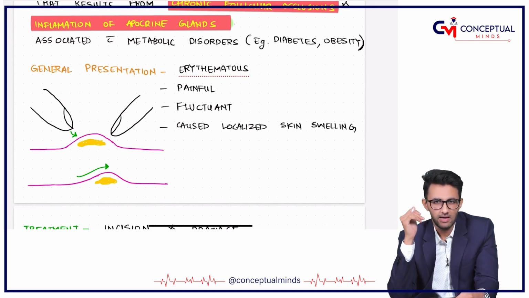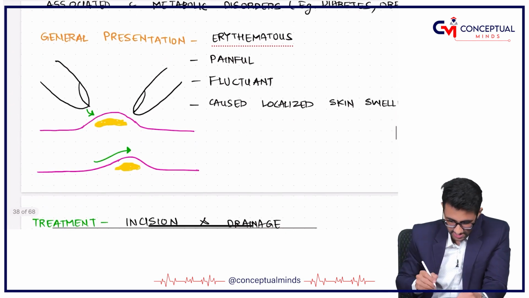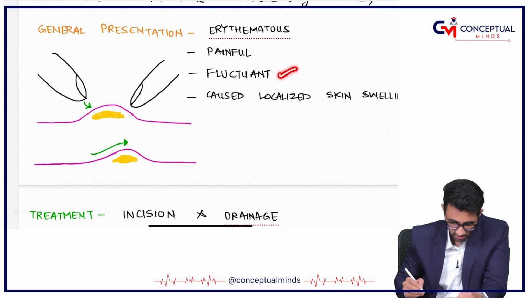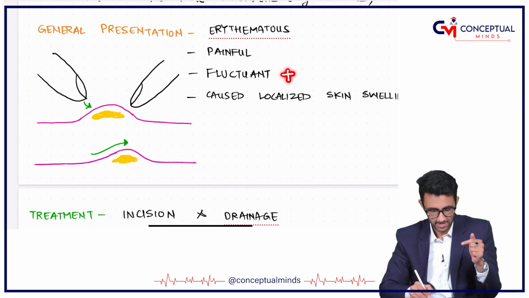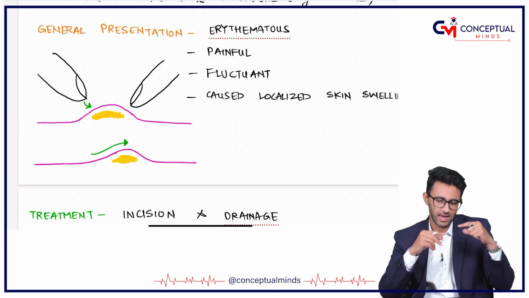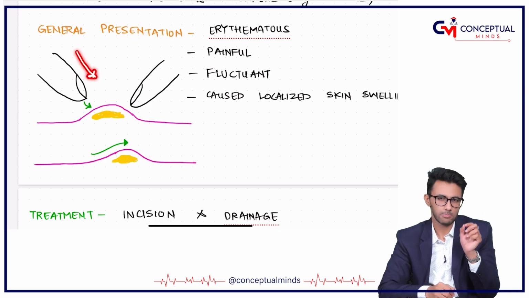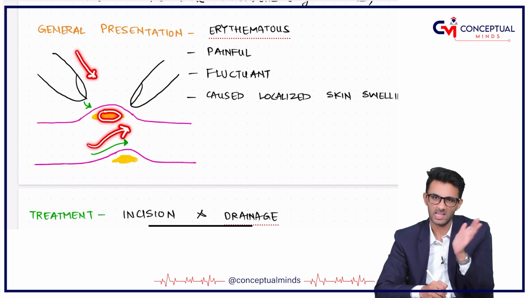So I have drawn the diagram. As you can see, let us just take this third point first, that is the fluctuant test. The fluctuant test is positive. It means that if there is an abscess and you push it from one side, because there is pus in it, it is going to shift towards the other side.